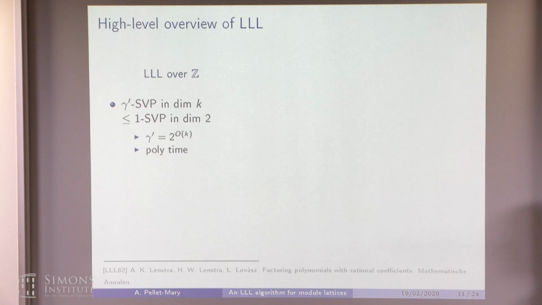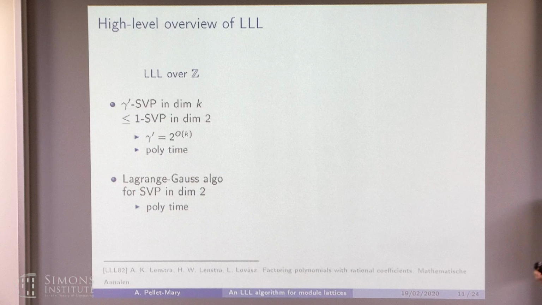So that's the first block. And the second block is the Lagrange-Gauss algorithm, which solves SVP in dimension 2 in polynomial time. So if you combine both, you get a 2 to the k approximation factor in dimension k.